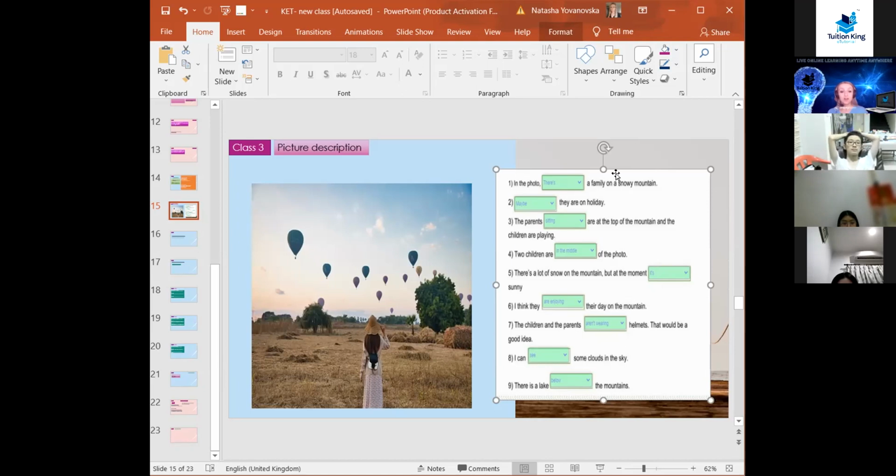In this photo, there is a girl in the middle of a field. It looks like a field, maybe. Maybe she is on holiday. Maybe she went to visit her grandparents at the village. I can see that the weather is sunny. There are a couple of hot air balloons in the sky. They're in different colors: blue, purple, and yellow.